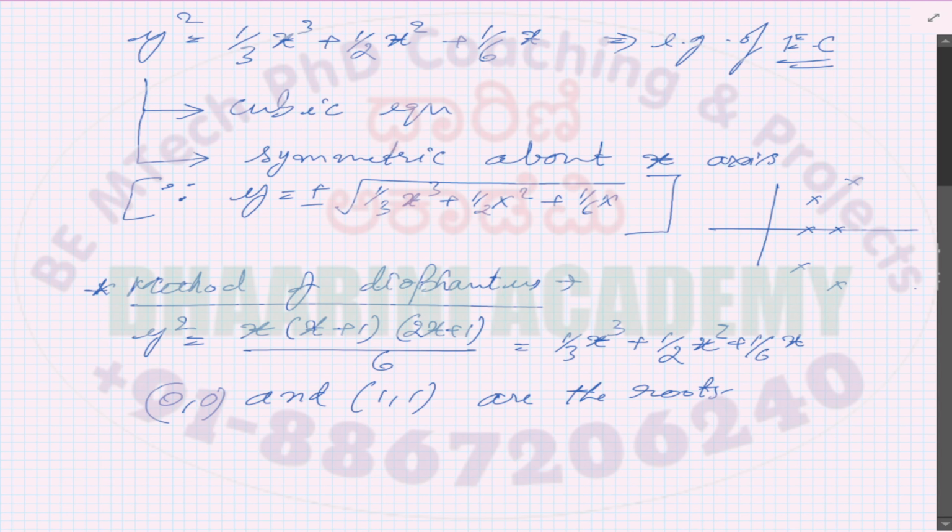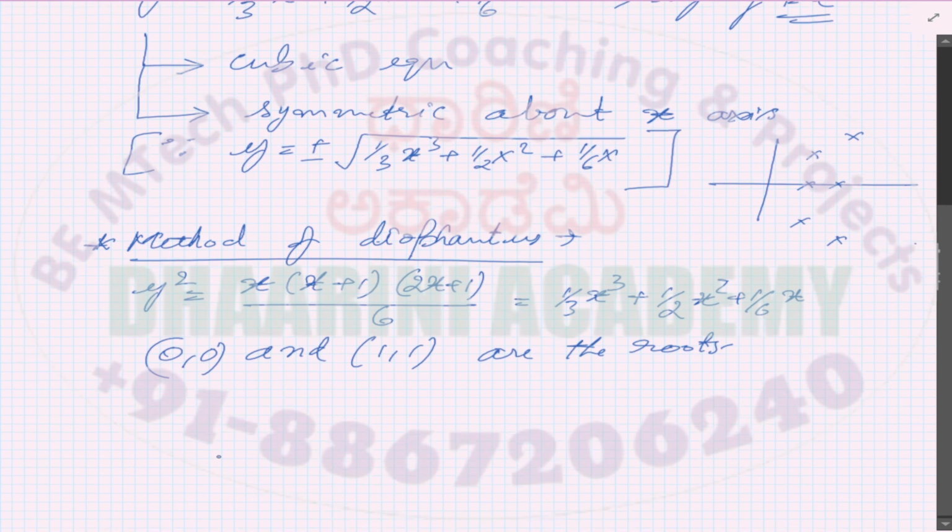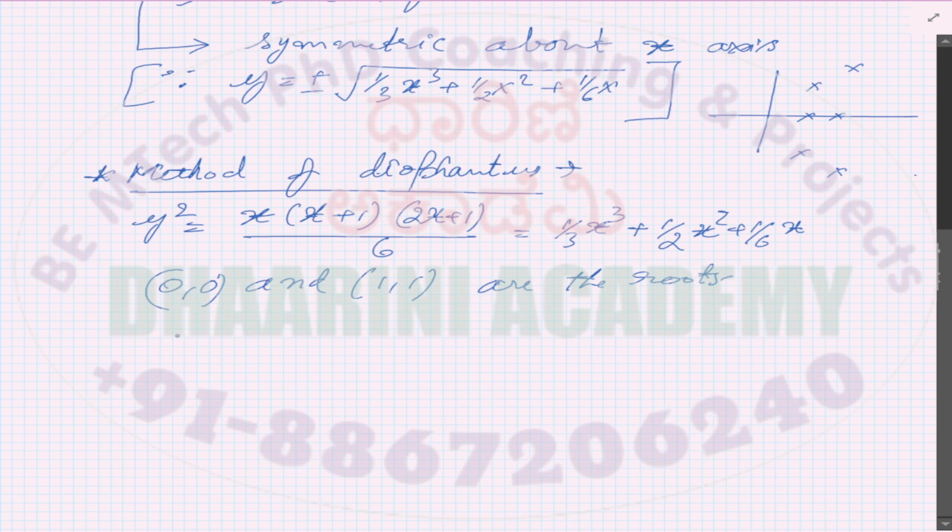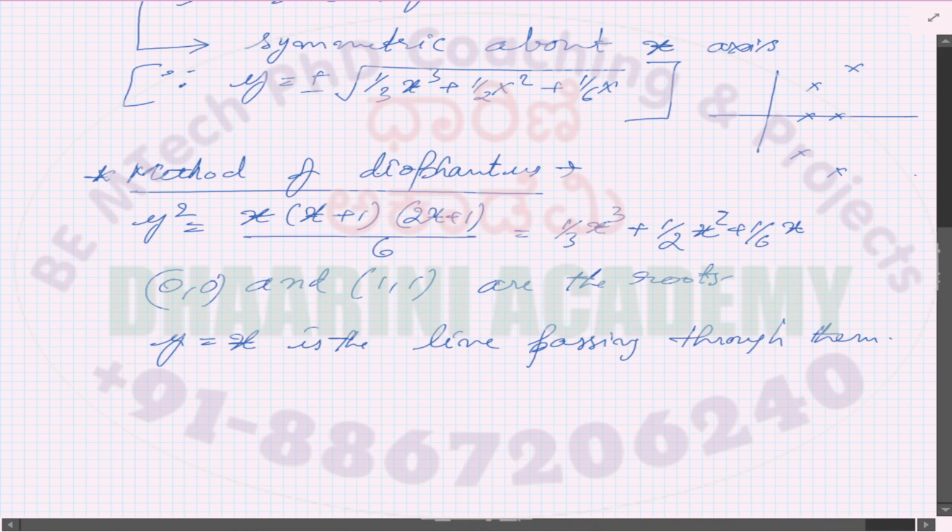Now I think this is why you told y equal to x. The one line which passes through both of these points is y equal to x. 0 comma 0 means y is equal to x, and 1 comma 1 also suggests that y equal to x. So y equal to x is the straight line passing through them.